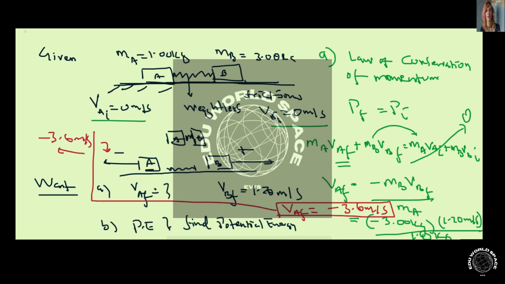The second part of the problem, part B, was to determine the potential energy of the spring. Remember, when the spring is compressed, it stores potential energy.